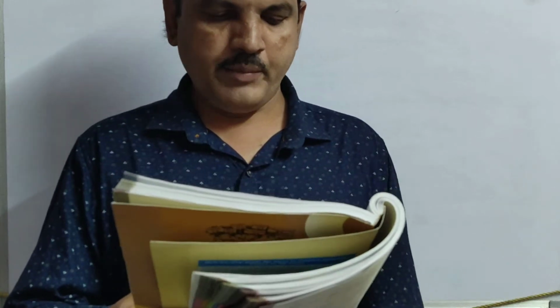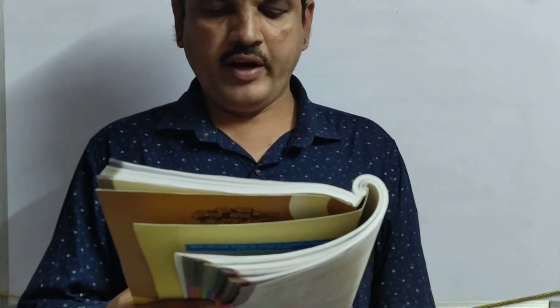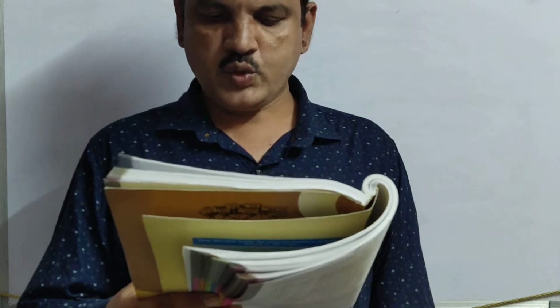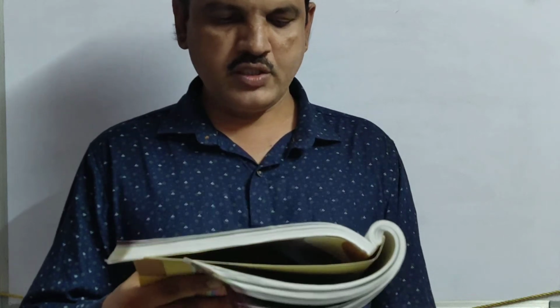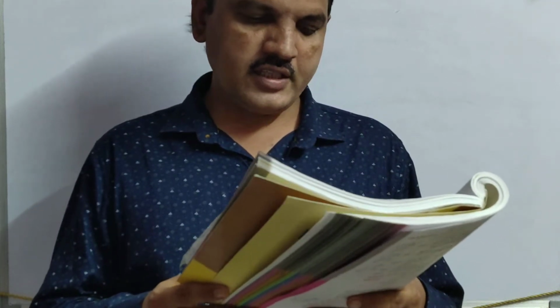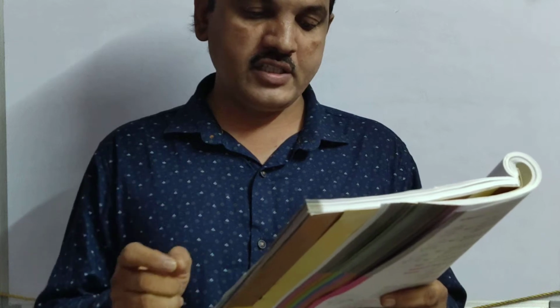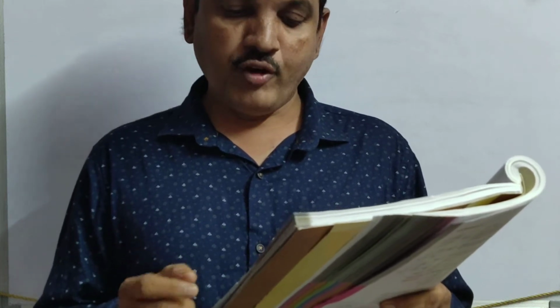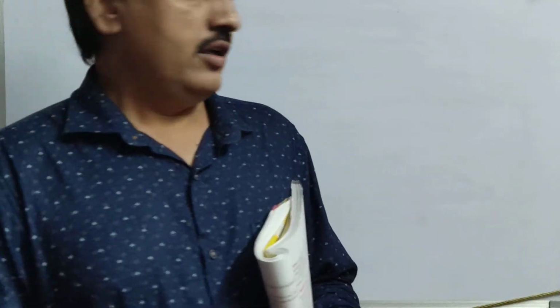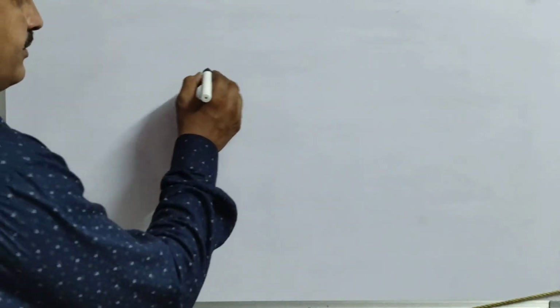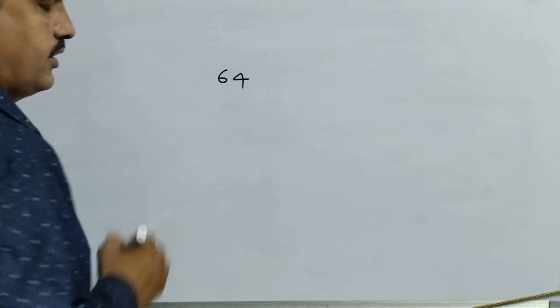Okay, next, coming to the second question. Find the number of digits in the square root of each of the following numbers without any calculation. That means, see here, the question is very clear. It is asking to find the number of digits in the square root of the following numbers without any calculation. Here the question is given 64.